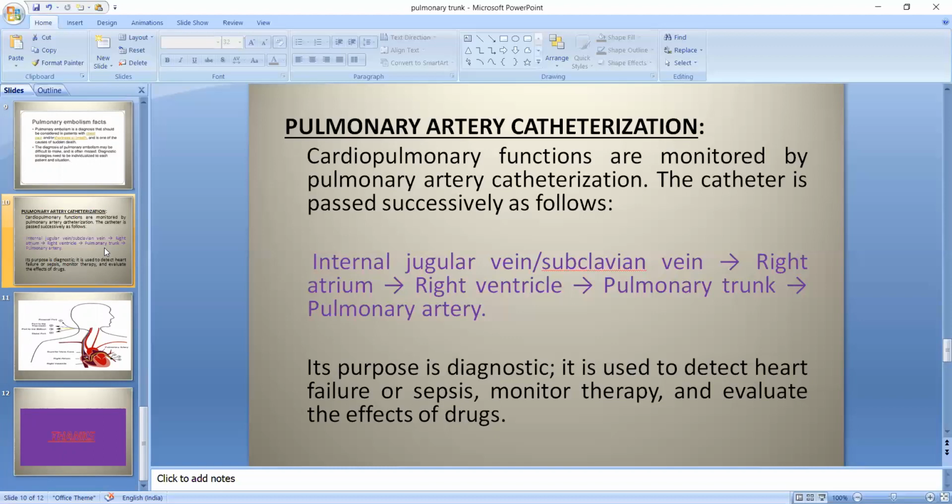We also use pulmonary artery catheterization to detect the pressure in the right side of the heart, and especially in the arteries of the lung, in hypertension of the lung, called pulmonary hypertension.